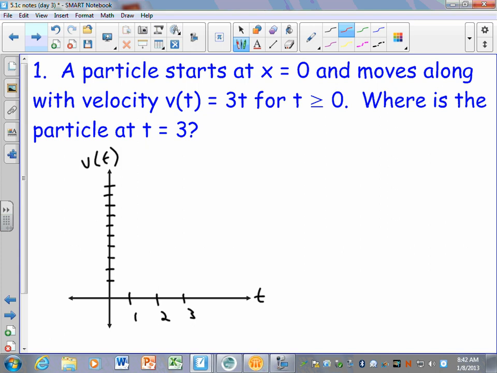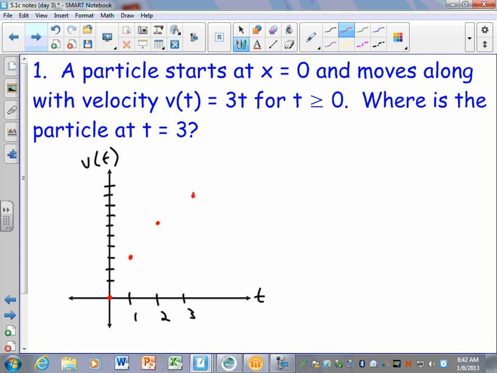The velocity function, 3t, means that would be a line with intercept of 0 and a slope of 3, or you could just plug in what happens at 1, 2, and 3 seconds. That would just be up 3 over 1. Up 3 over 1 would be I'd be up at 6. So my graph's not so great. And then I would be up at 9 at 3.